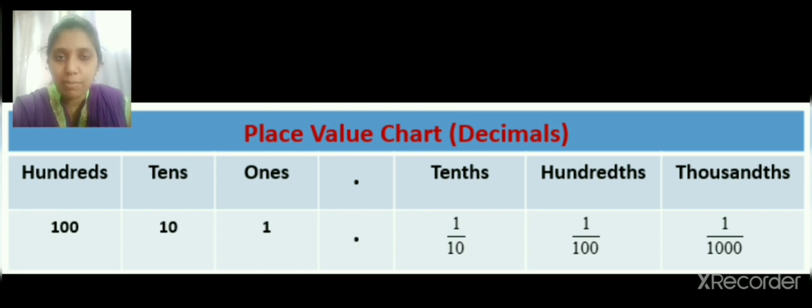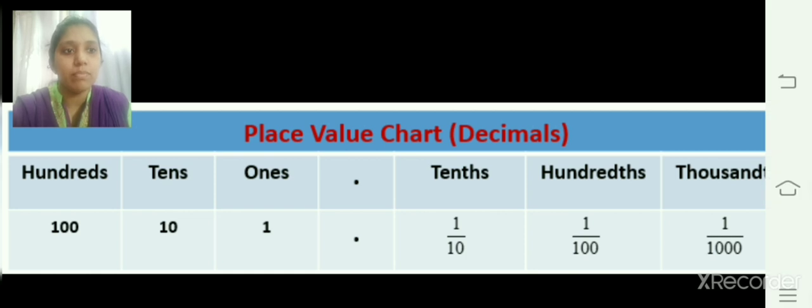Whatever number is there, we call its place value tenth. We represent tenth as 1 by 10. In the table you can see tenth and it is represented as 1 by 10.